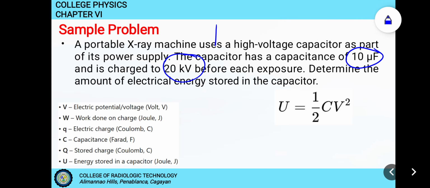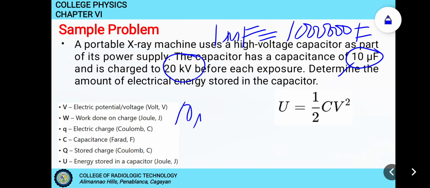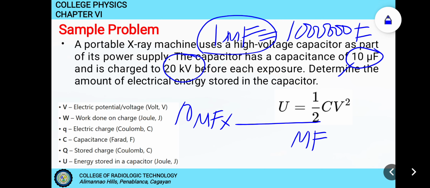1 microfarad is equal to 1 million farad. Tandaan po natin. 1 microfarad is equal to 1 million, 1 million farad. Okay? So we have 10 microfarad here. Convert it into farad. Ilan ang equivalent ng microfarad, ilan ang value ng microfarad natin dito sa taas? It's 1. Okay? So, ilan ang equivalent niya into farad?